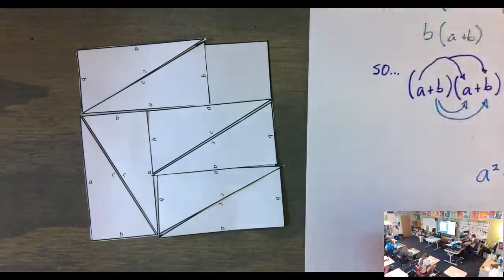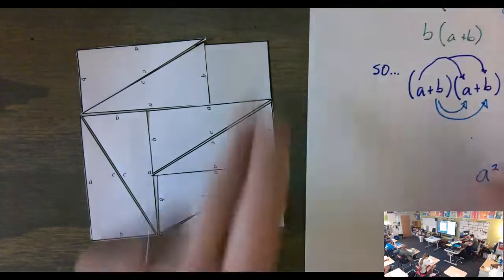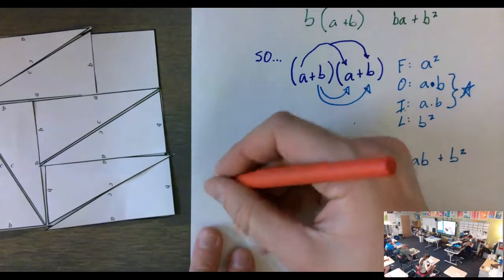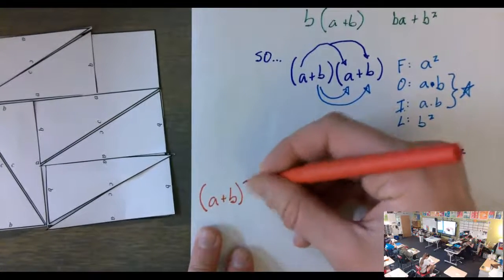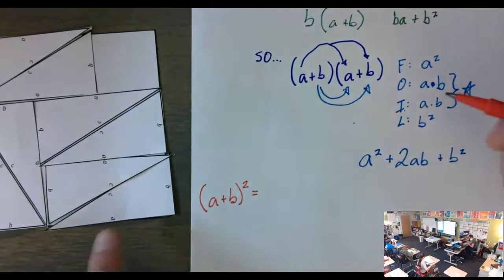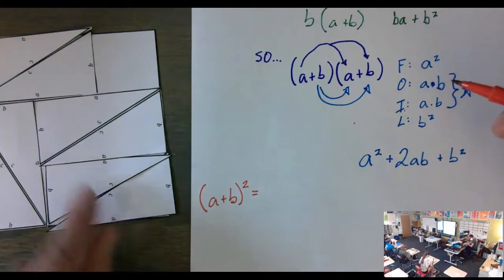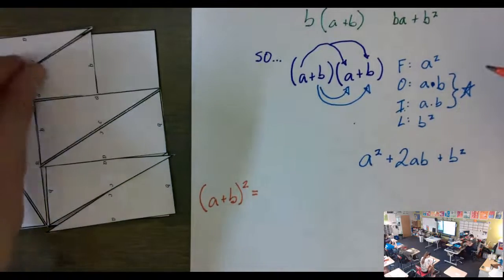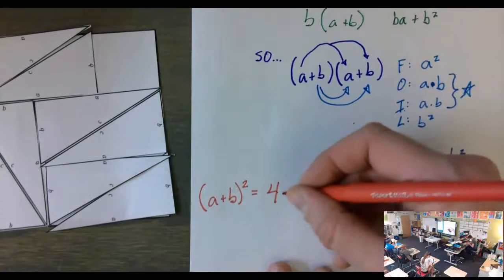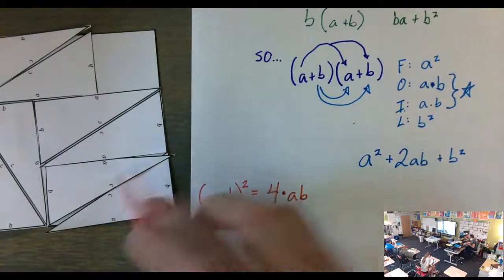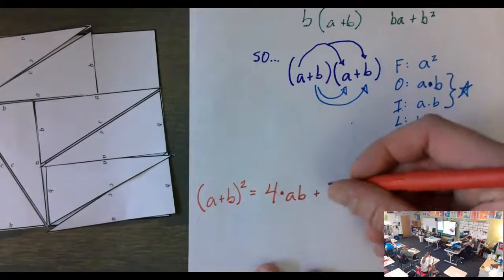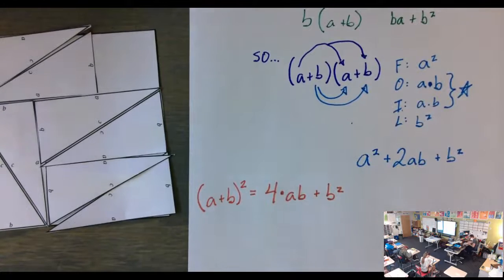So wait, what we just said is back to that A plus B squared, right, which is the original shape, equals 1, 2, 3, 4 times AB, right, those rectangles, plus B squared.